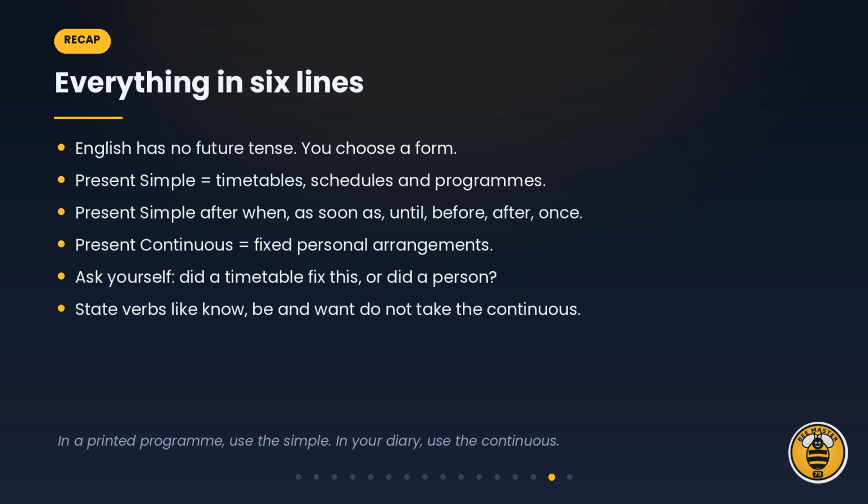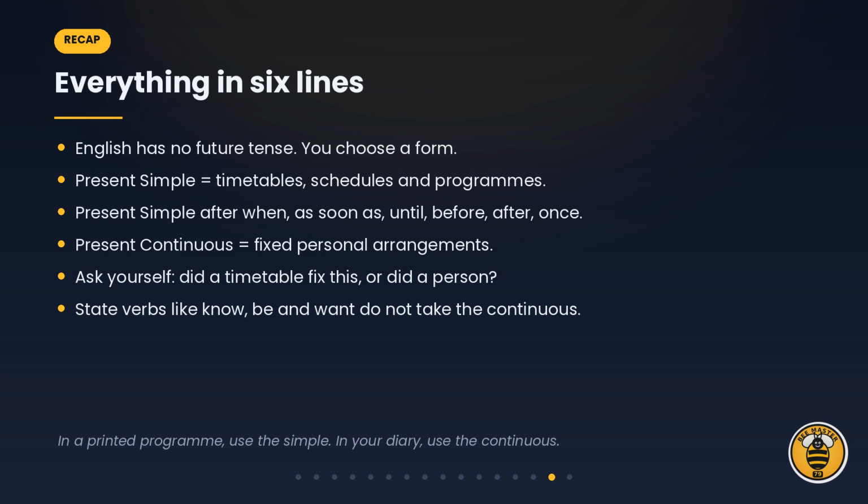Let's recap. English has no future tense, so you choose the form that matches the situation. The present simple covers timetables, schedules, and programs, and it is also the form we use after when, as soon as, until, before, after, and once. The present continuous covers fixed personal arrangements.